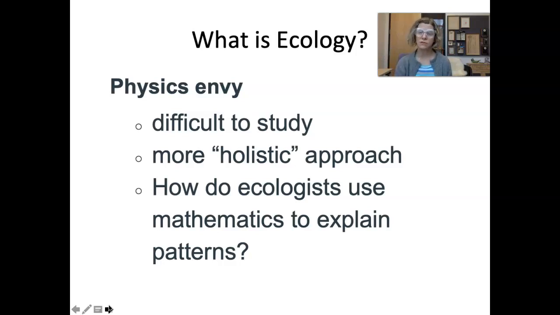Ecology can be very difficult to study because there are so many interactions associated with ecological questions. They're very, very diverse, and they change from location to location. So even looking at habitat to habitat can be extremely different. So it's important to take a more holistic approach and look at all those interacting parts and try to make predictions. But ecologists do use mathematics to help explain those patterns.